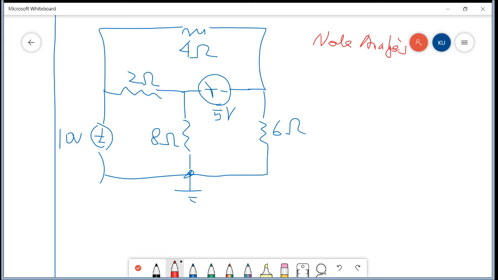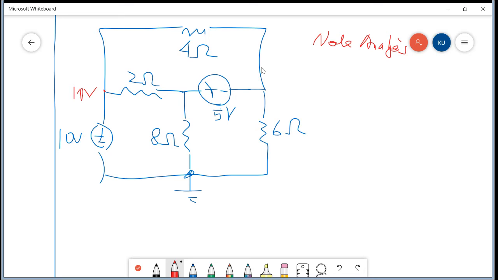We should know the node voltage. So actually there are several nodes. This node you shouldn't need to calculate because this is ground, so 0 volt at this node, and this is a 10-volt voltage source, so this node must be 10 volt.